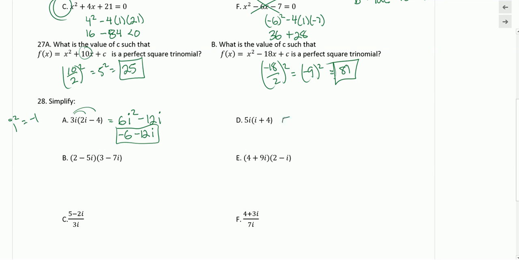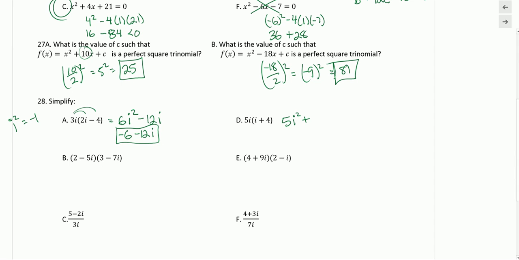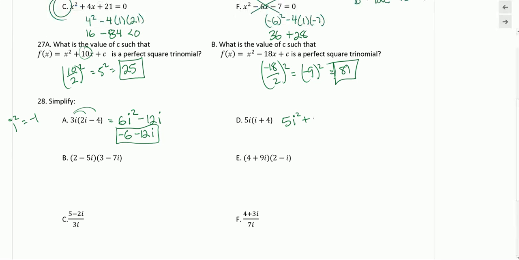D, we end up with 5i squared plus 4i, plus 20i. And i squared is negative 1, so this is negative 5 plus 20i. Part B, distribute. 2 times 3 is 6. 2 times negative 7i is negative 14i.